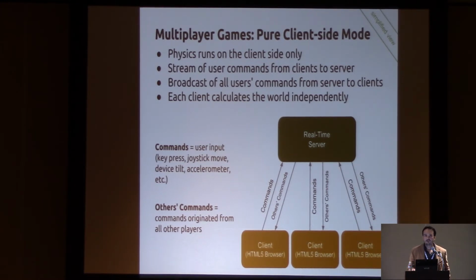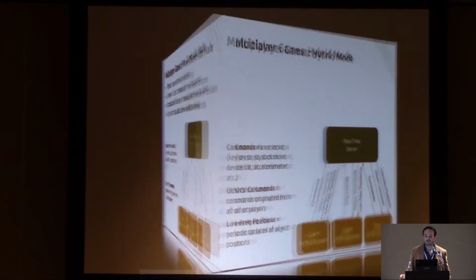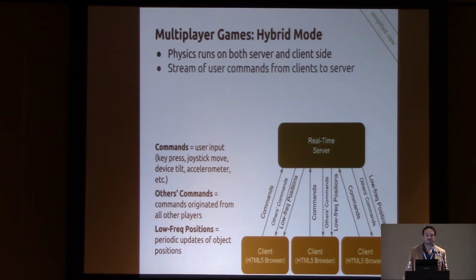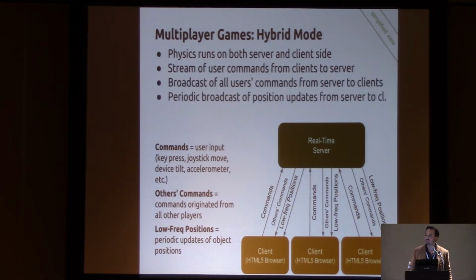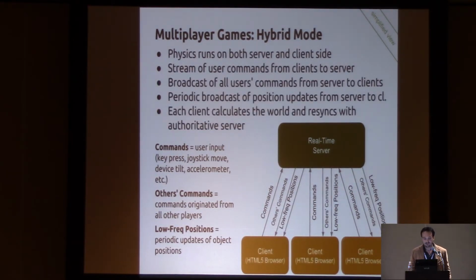Of course, as always, the truth stays in the middle, and so the most widespread model is the hybrid mode, where the physics runs both on the server side and the client side. In this case, you have all of the components shown before. So you send the commands to the server, you receive all the other players' commands, but you also receive some low-frequency updates to the actual positions.